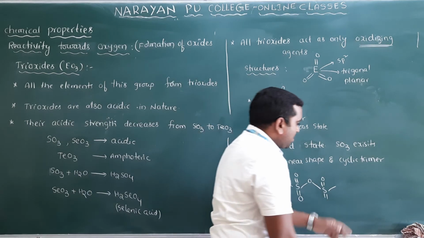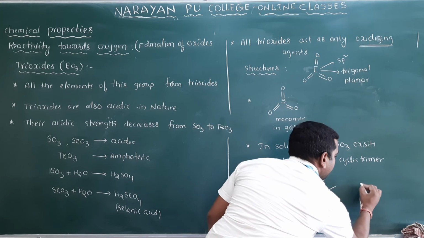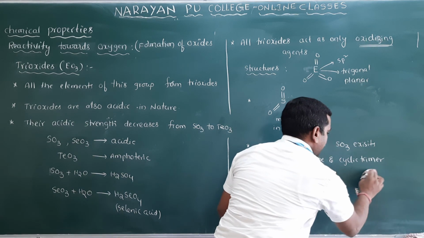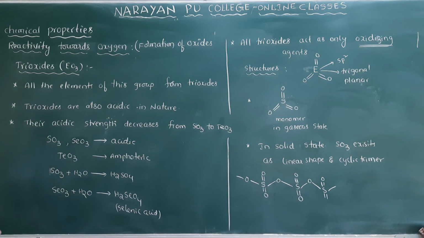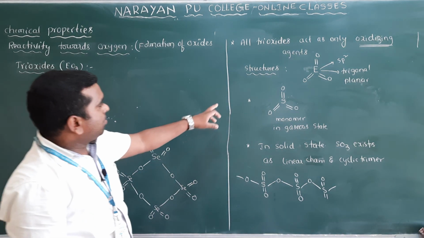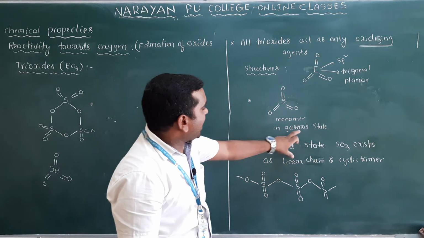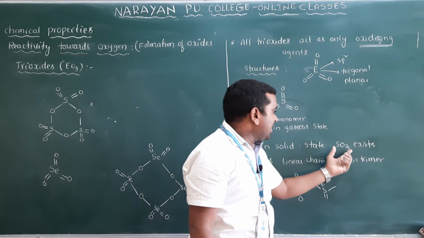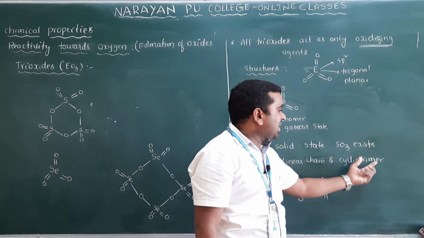The other one is the cyclic trimer. Cyclic trimer means the trimeric form, so I will write it here. Clear? So here I have already mentioned the structure of the SO3 molecule. In the gaseous state it is in the form of a monomer, but in the solid state SO3 exists as a linear chain or a cyclic trimer.